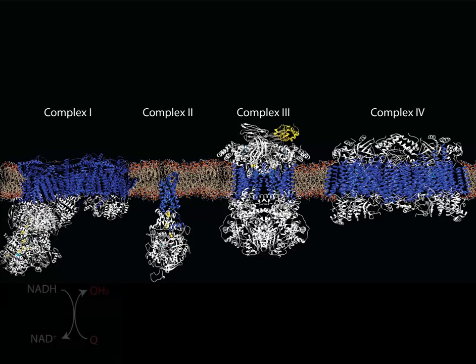Okay, so the role of complex 1 is to take electrons from NADH, and those electrons from NADH get passed on to an important redox cofactor called coenzyme Q, or ubiquinone. So ubiquinone accepts the electrons from NADH and gets reduced to ubiquinol.